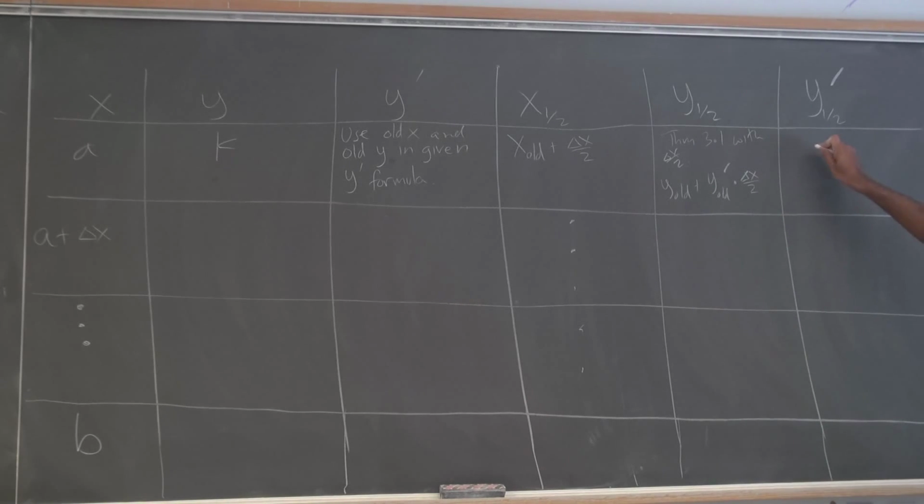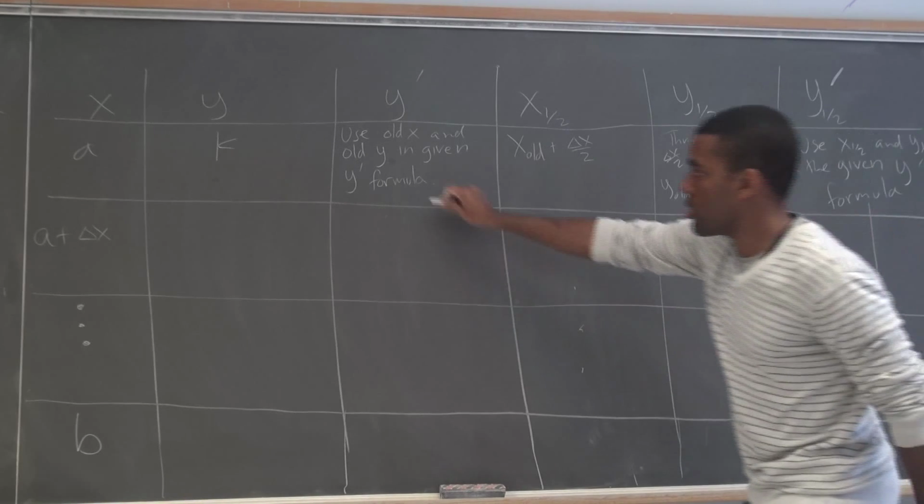For y prime of the half step, use the x half and y half in the given y prime formula. And that's always how you fill out this one, and that's also how you fill out this one.